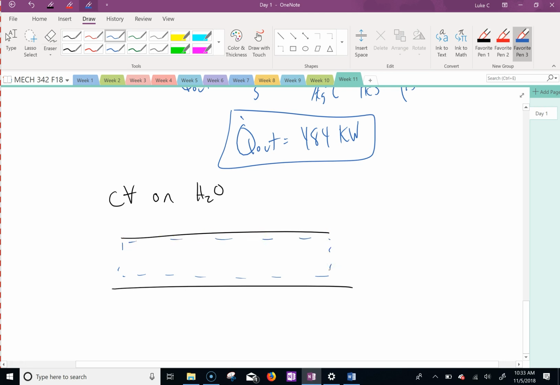Going in here. We'll label it 1, 2. Energy of the fluid in, energy of the fluid out. And I think this time we have Q in.